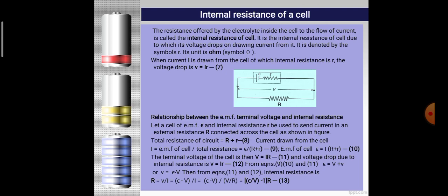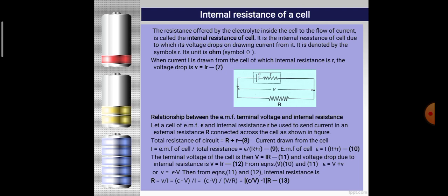The current now drawn from the cell is I is equal to the EMF of the cell divided by total resistance, which is epsilon by R plus r. Consider this as equation 9. The EMF of the cell epsilon is equal to I into R plus r. Consider this as equation 10.